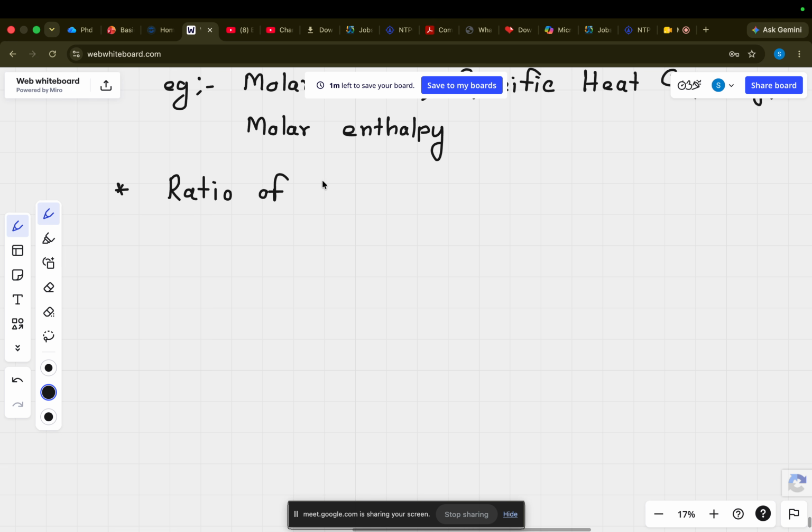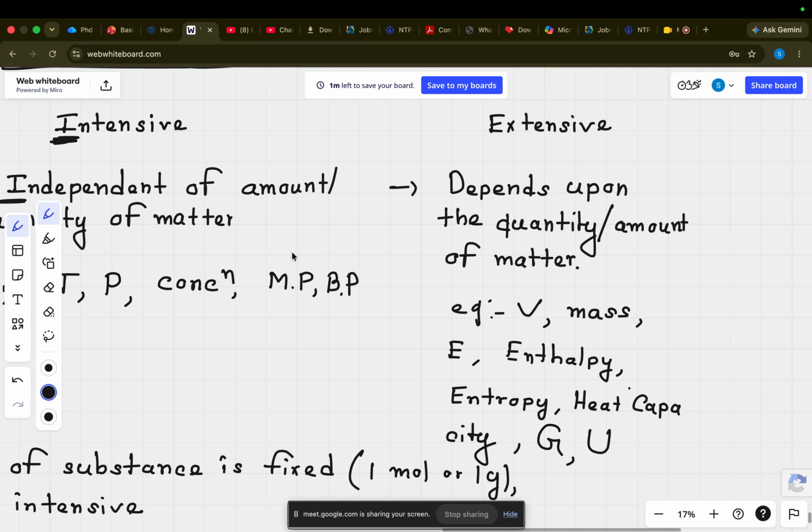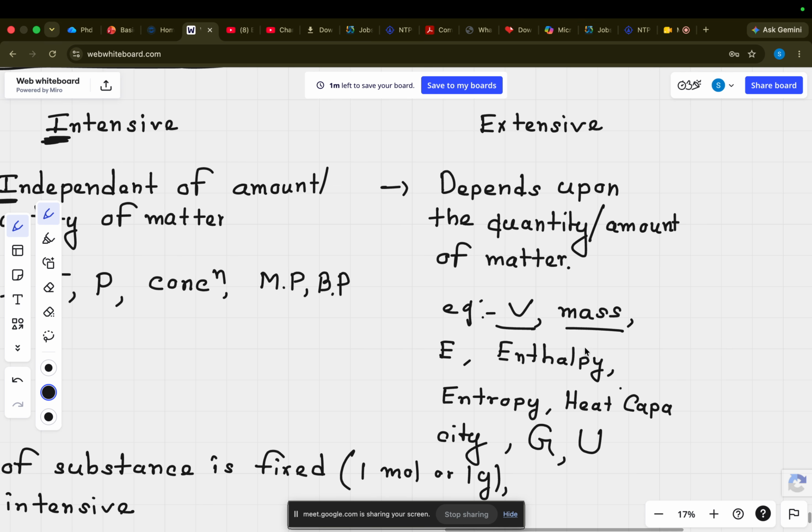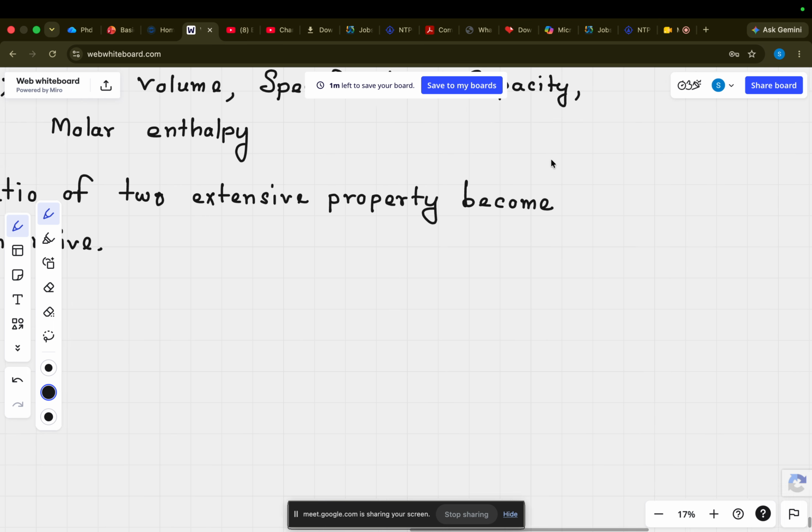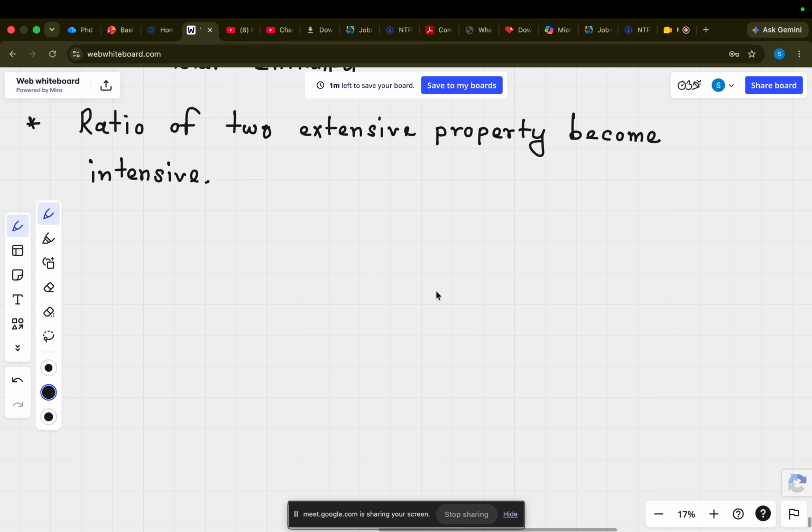Another one, write down that ratio of two extensive properties becomes intensive. If you see here, mass and volume are extensive properties, right?